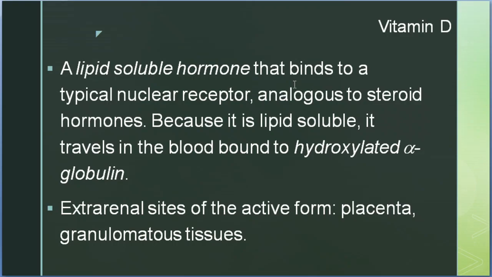Since it is a lipid hormone, it will go directly into your nuclear receptor. Because it is lipid soluble, it travels in the blood bound to your hydroxylated alpha globulin. There could also be extrarenal sites of the active form of your vitamin D. So, si active form ng vitamin D hindi lang matatagpuan sa ating kidney, but it will also be found in your placenta and your granulomatous tissues.